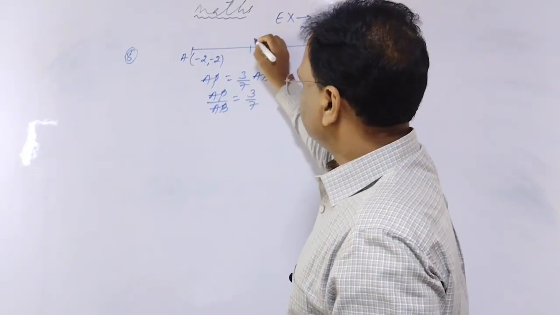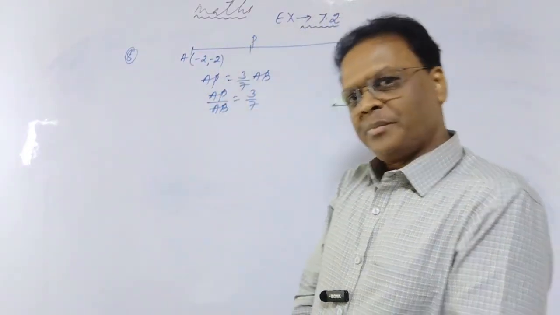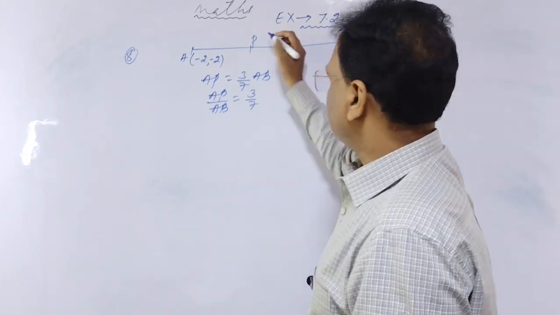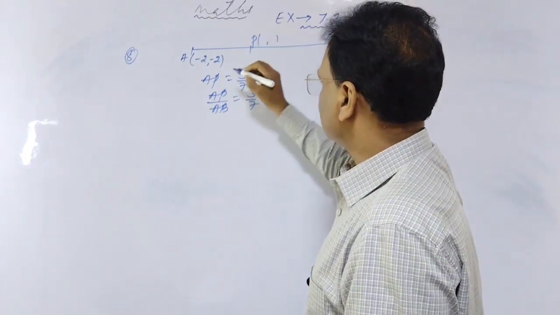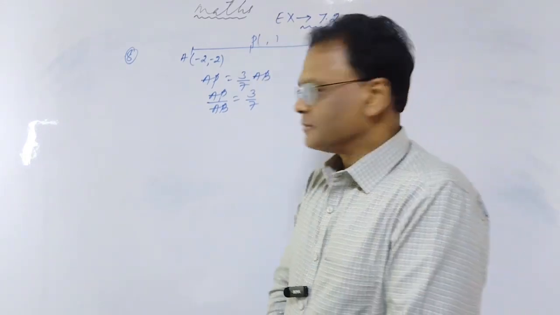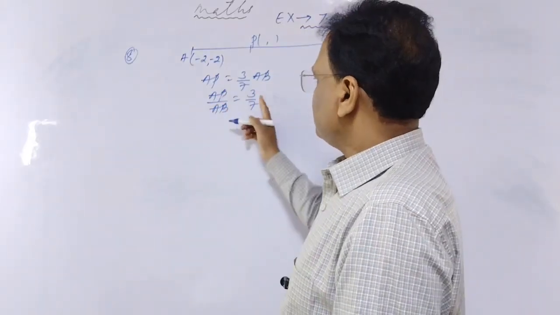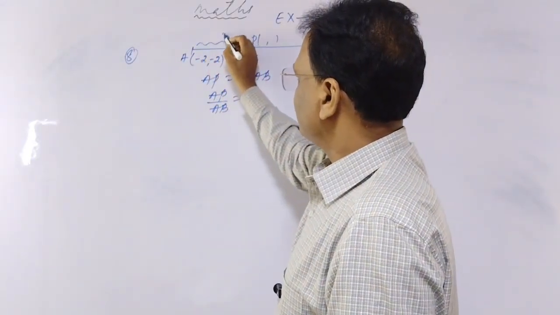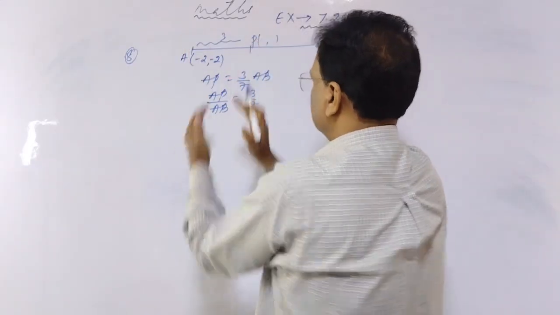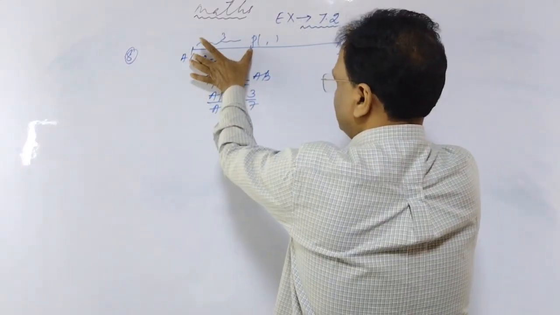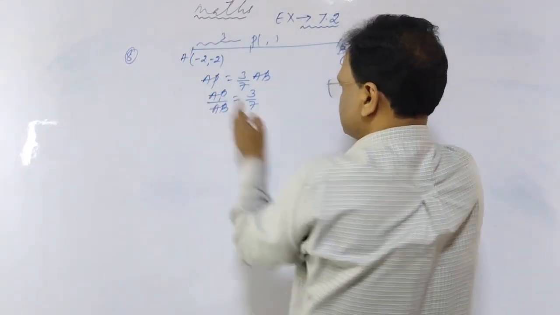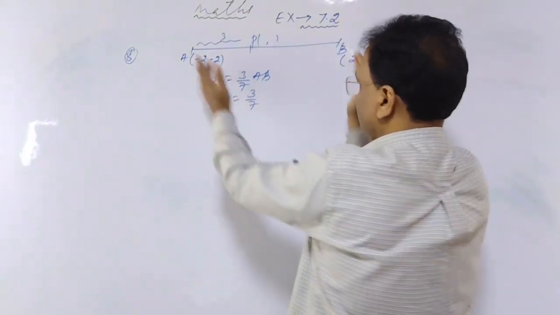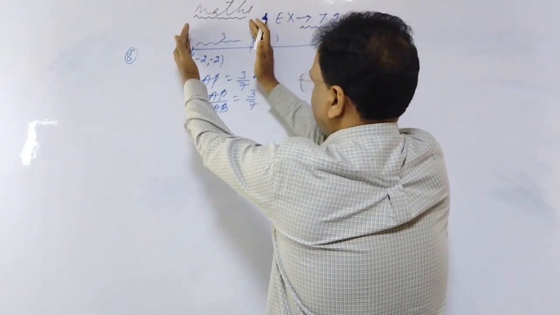Suppose this is the point P, whose coordinates we have to find. We don't know it. So AP is 3 parts and AB is 7 parts. From A to P 3 parts, and from A to B 7 parts.